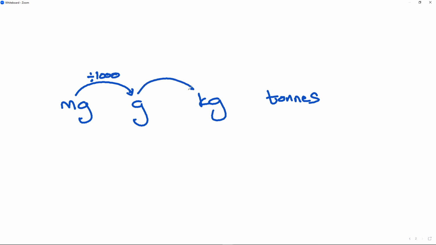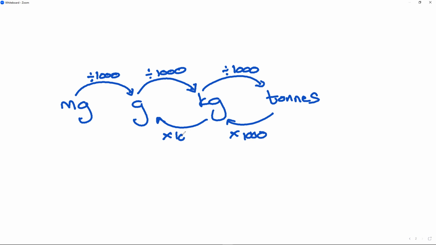And to go from grams to kilograms, you also have to divide by 1000. Now you can get centigrams, but they're not used often. And if I want to go from kilograms to tons, I also divide by 1000. So going backwards now, I would multiply by 1000, multiply by 1000, and multiply by 1000.